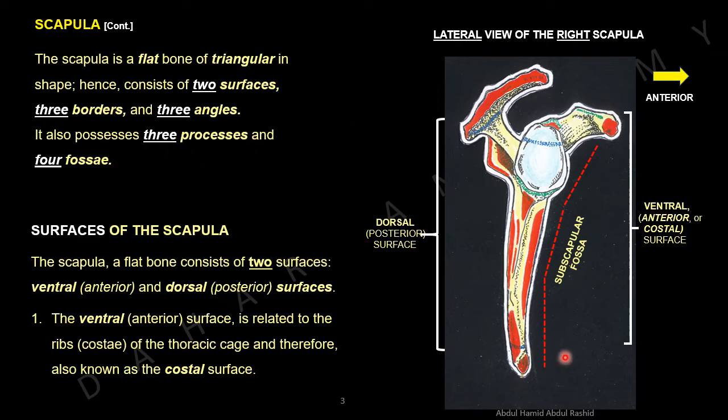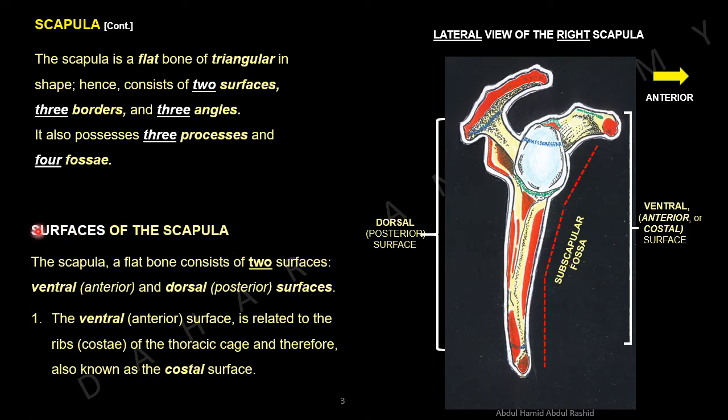Let's see the diagram. This is the lateral view of the right scapula. This is anterior, so this will be posterior. This is the anterior surface, also known as ventral surface, and this is the posterior surface, also known as dorsal surface.